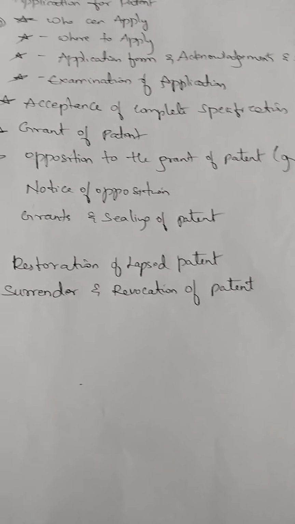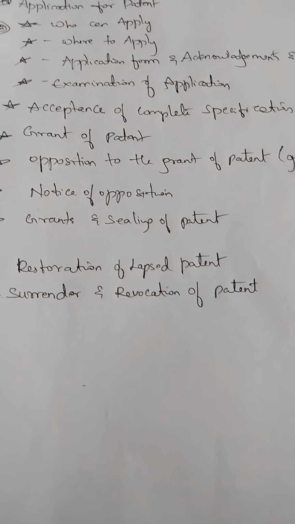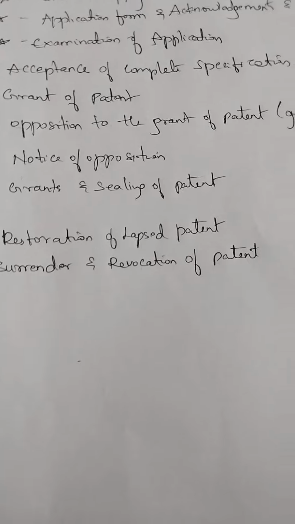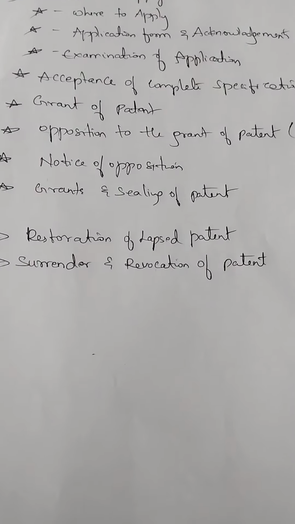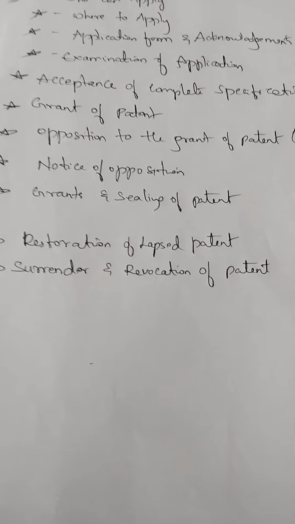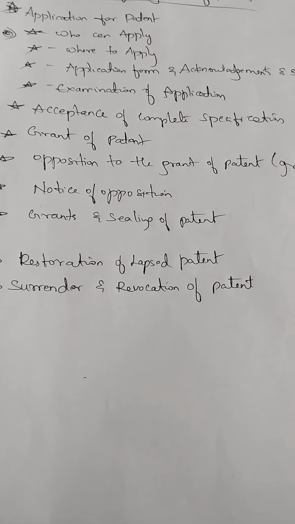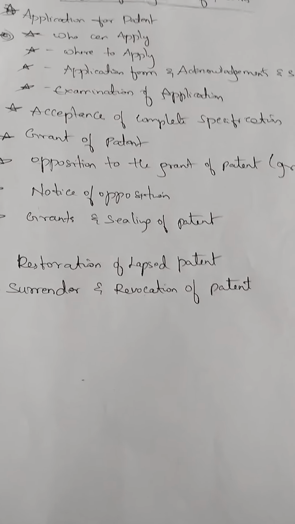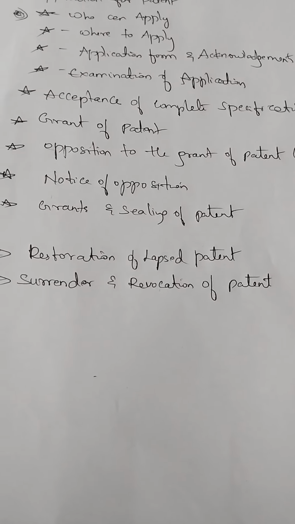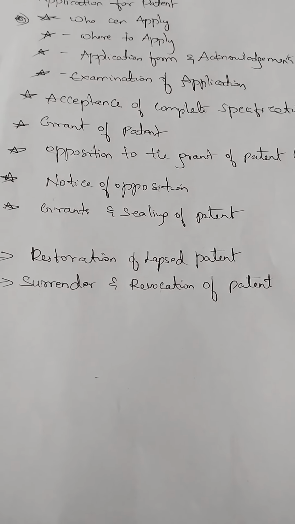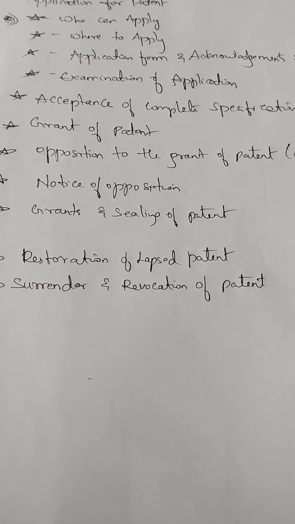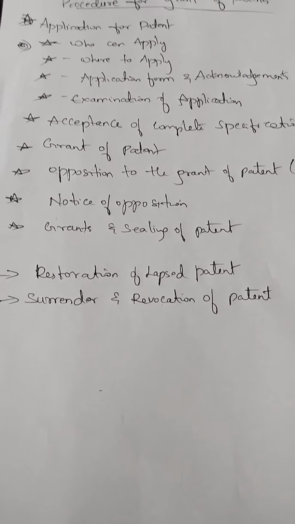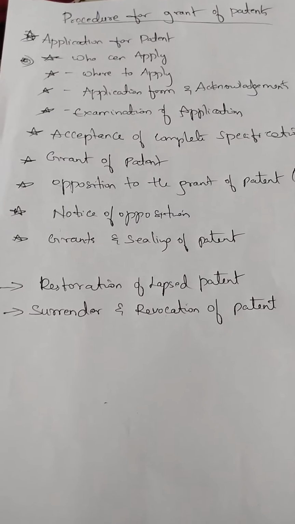And talking about some more acknowledgements that have to be there along with the application form will be power of attorney, on a stamped paper. So what is this power of attorney? For example, I told you that when a person applies for patent, not just the inventor can apply, even an assignee can apply.